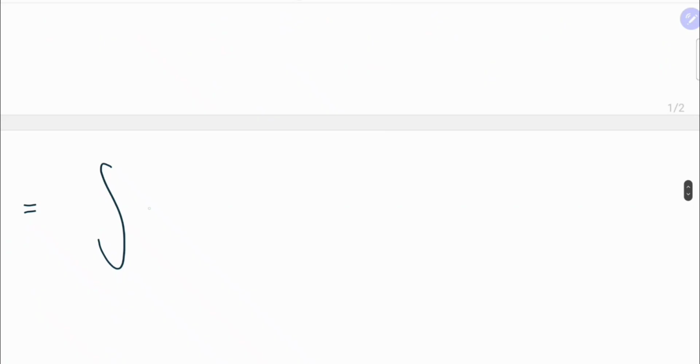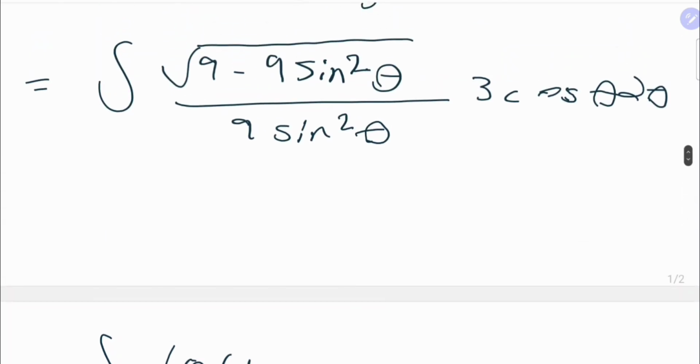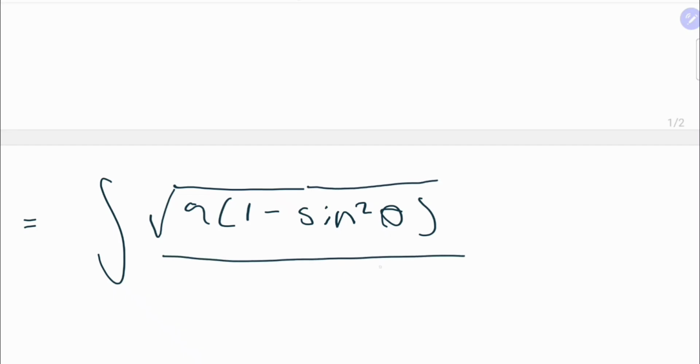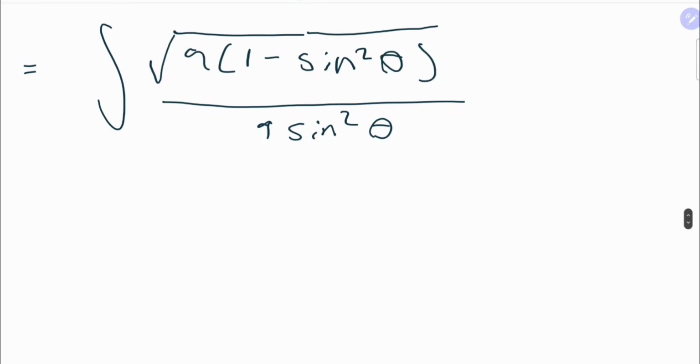So the integral of the root of 9 times 1 minus sine squared theta, then divided by 9 sine squared theta, and then times 3 cosine theta d theta.